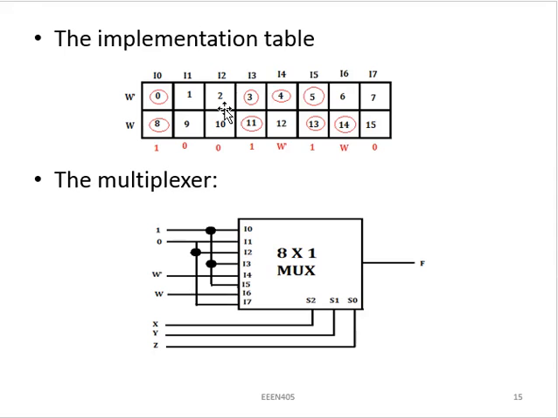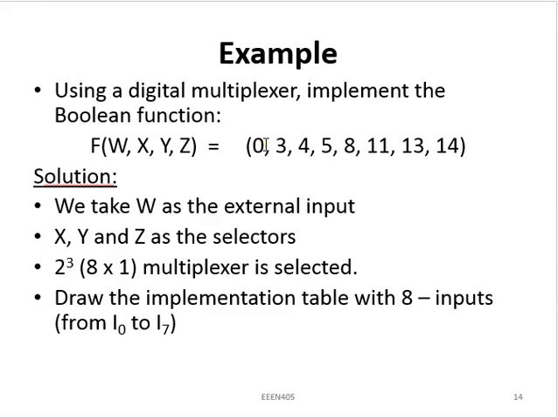Now the variable I have taken to serve as my external input is W. You know, the prime should be on the first row and the real W should be on the second row. As usual, interchanging them will make your result wrong. Now we go back to the function and see that we have 0, 3, 4, we have 5, 8, 11, 13, and we have 14.